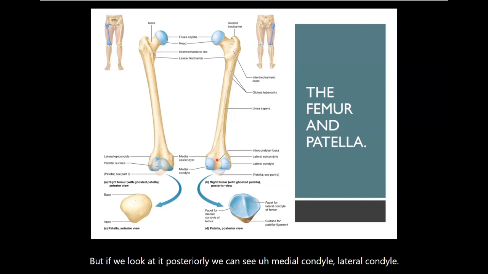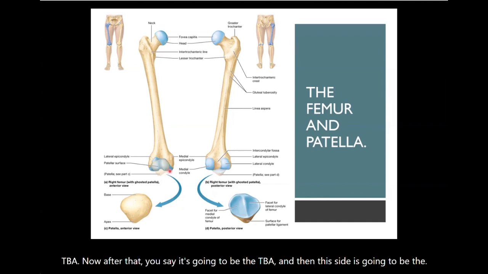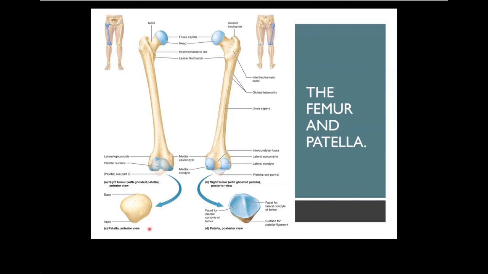But if we look at it posteriorly, we can see medial condyle, lateral condyle, and intercondylar fossa. Okay? And then these are going to be connected to what? After the knee, sorry, it's going to be the tibia, and then this side is going to be the fibula, right?